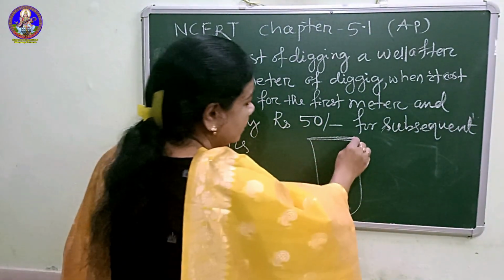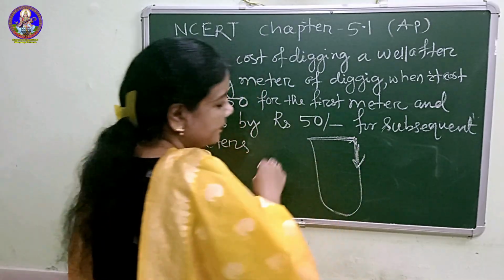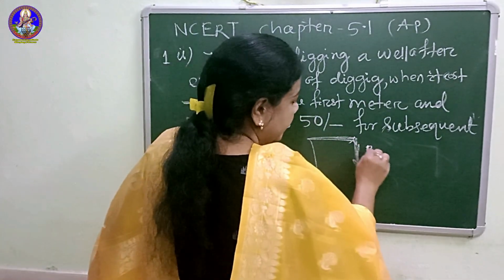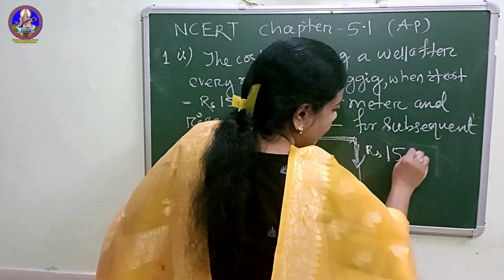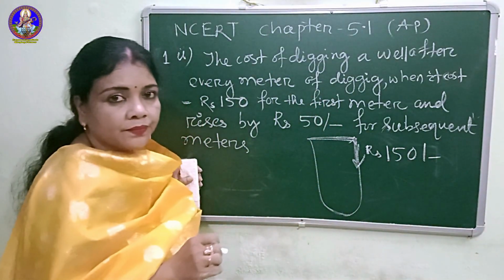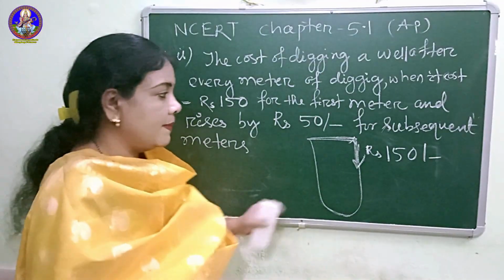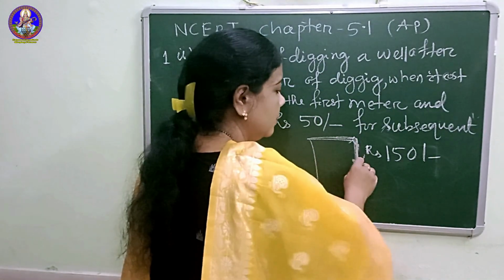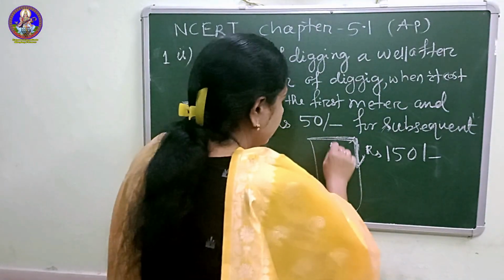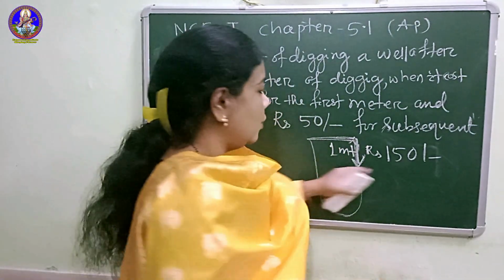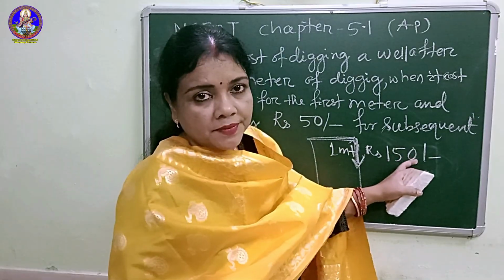Means if you go digging for the first meter, the cost is 150. The first cost of digging from ground level down to 1 meter, the initial cost is 150.